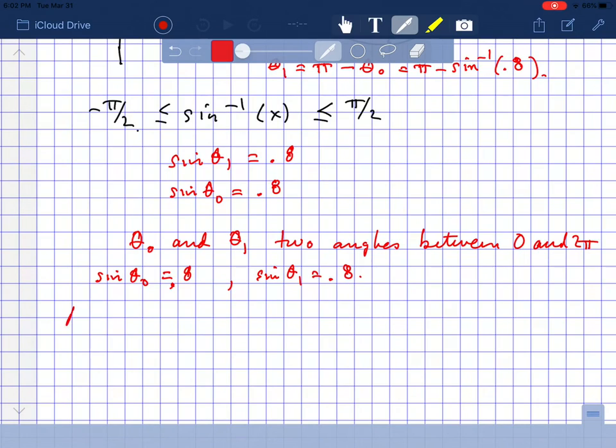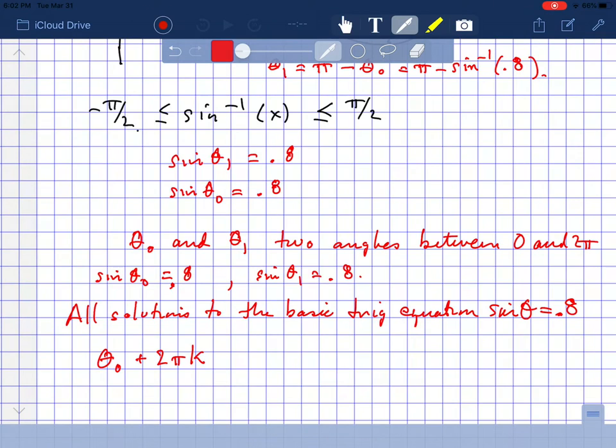So I know that all solutions to the basic trig equation, sine theta equal 0.8, are just given by theta sub naught plus 2 pi k and theta sub 1 plus 2 pi k, where k is an integer.